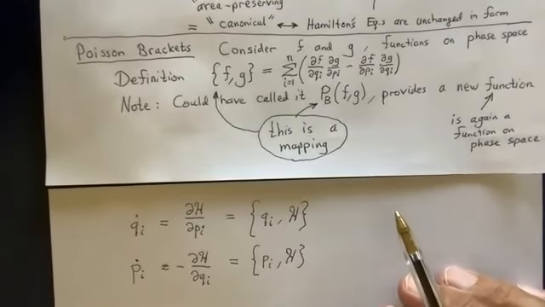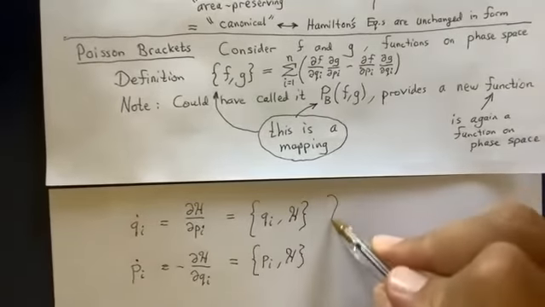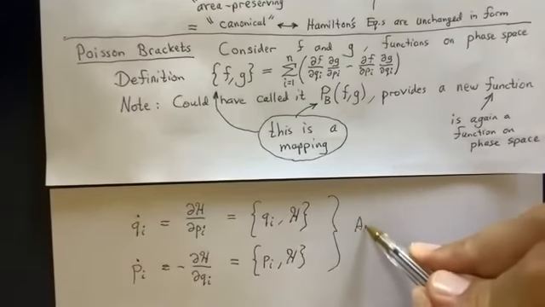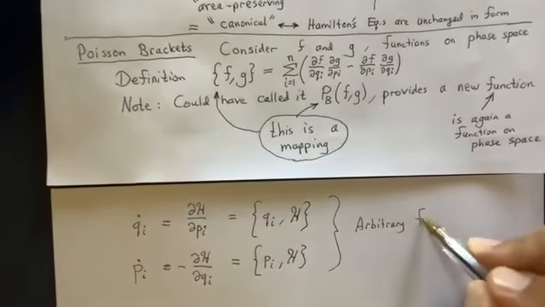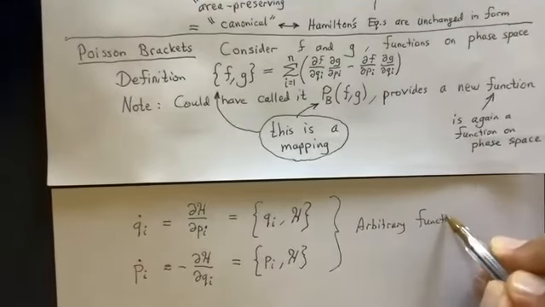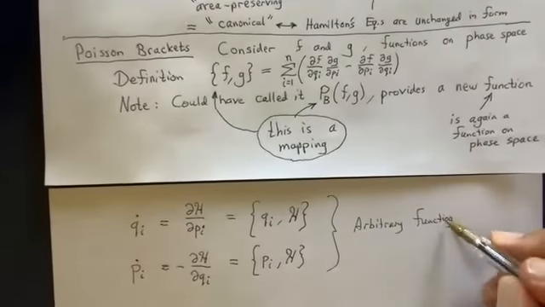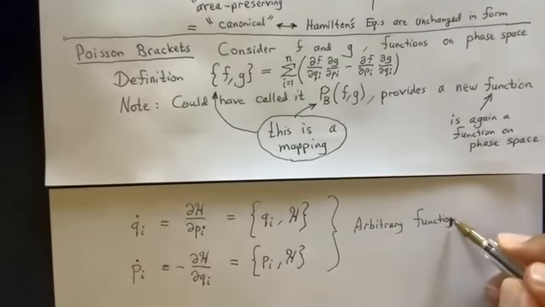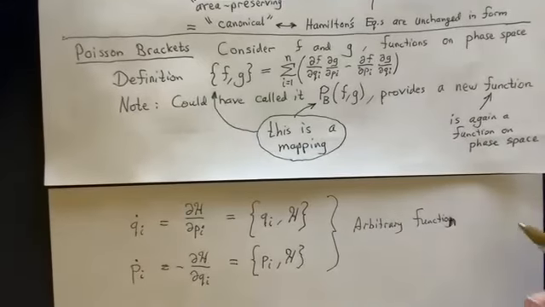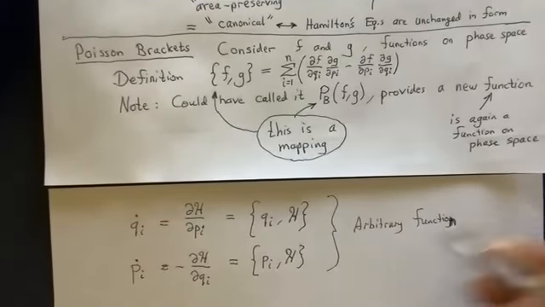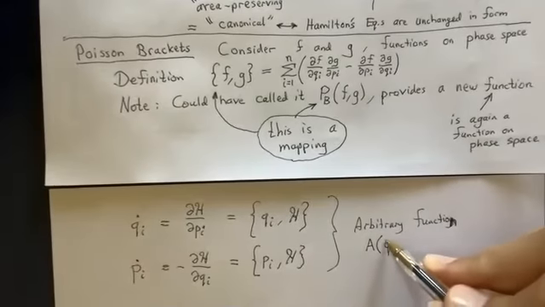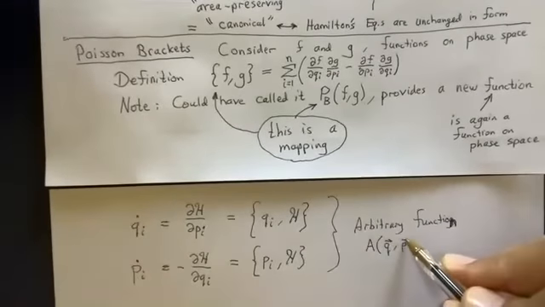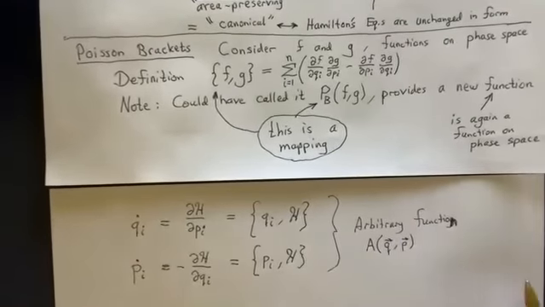If you have an arbitrary function on phase space, oops, I was thinking ahead to the notation, so I accidentally wrote a G. Let's call this an arbitrary function A, so A as a function of the Q's and P's. All right.